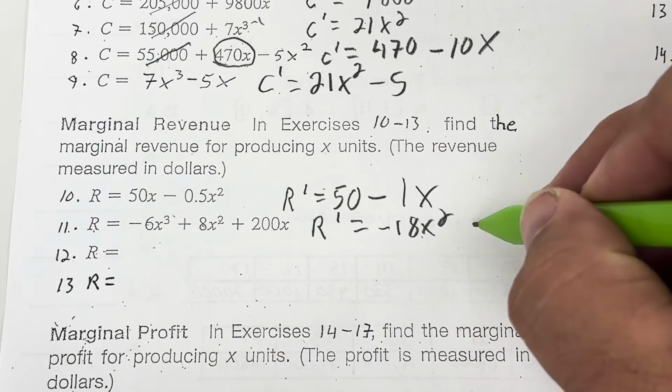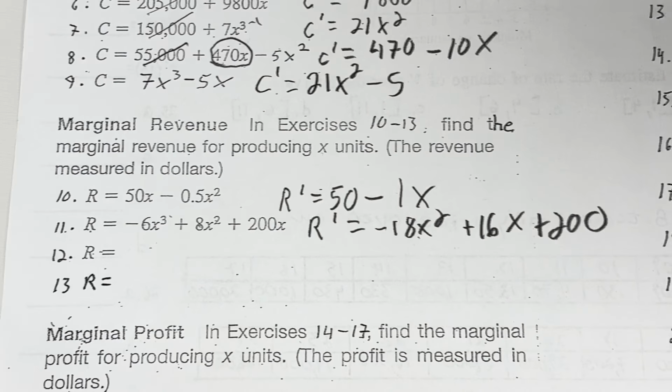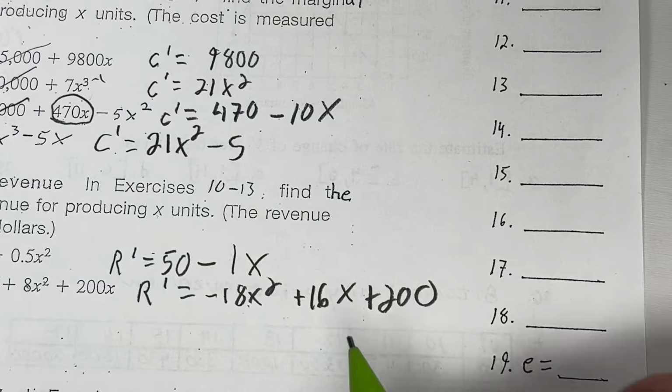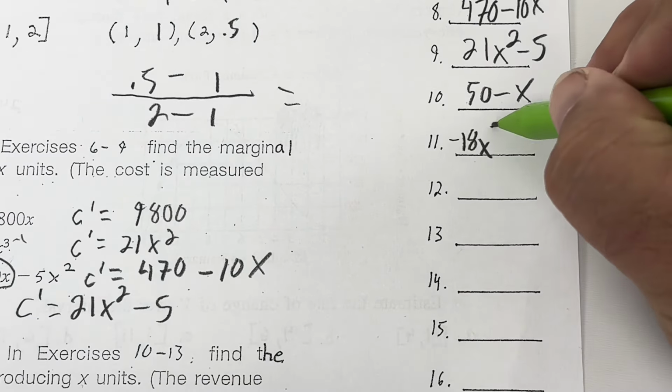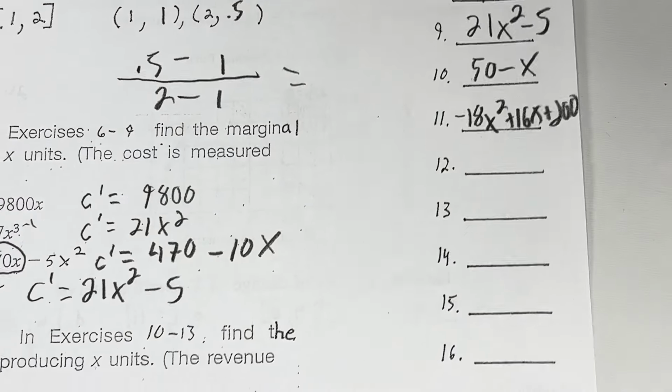Subtract 1. 2 times 8 is plus 16x plus 200. I have to try to fit that on the line. Negative 18x squared plus 16x plus 200. I can barely fit it.